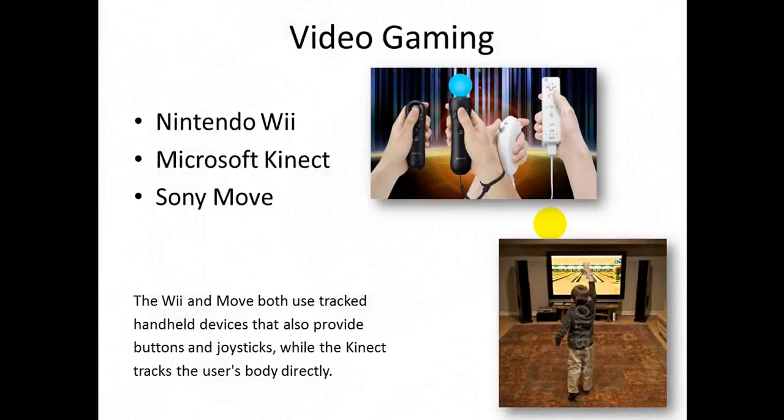We will start with video gaming. We will talk about three video gaming systems: the Nintendo Wii, Microsoft Kinect, and Sony Move. As we have already mentioned, most people today are aware of 3D user interfaces because of the great success of motion gaming systems like the Nintendo Wii and Kinect.